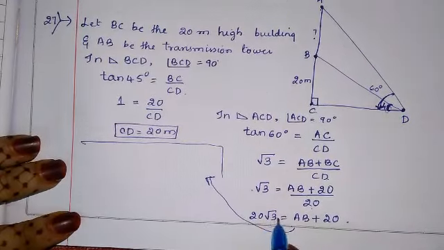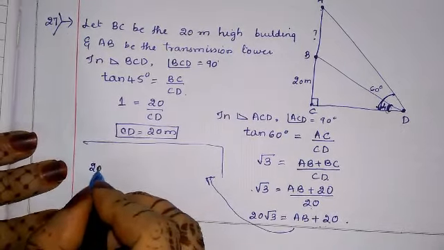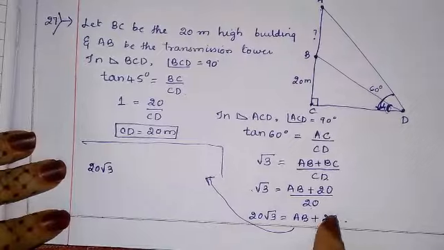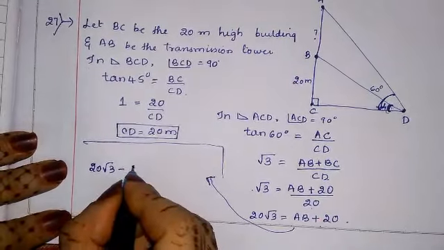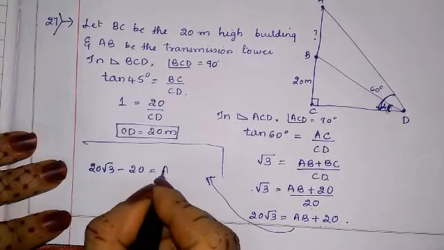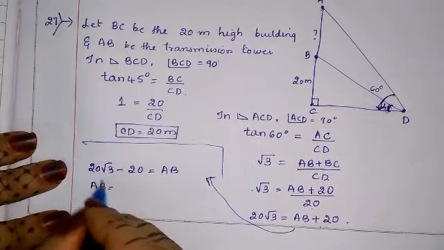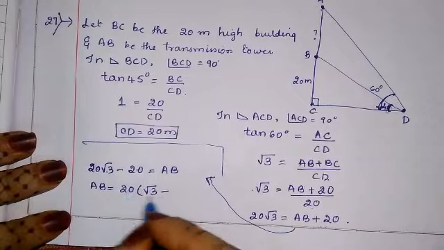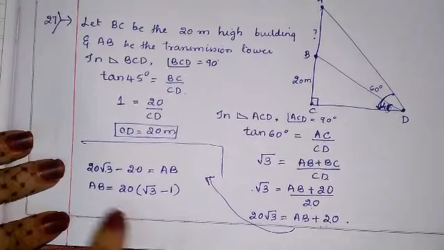So we will bring 20 to one side and AB will keep at one side. 20√3, 20 I'll bring this side, it becomes plus, the sign becomes minus. 20√3 minus 20 is equals to AB. Here AB is equals to, I'll take 20 common. So we got 20 (√3 minus 1). So this is the value of AB.